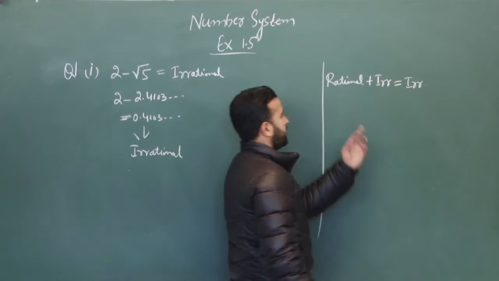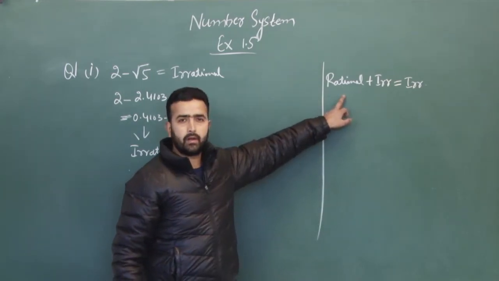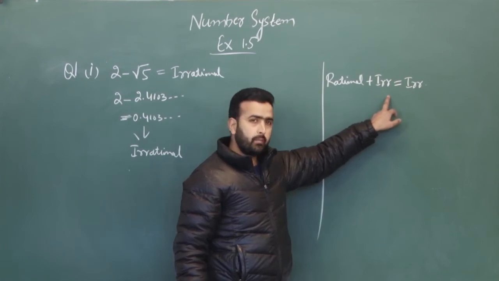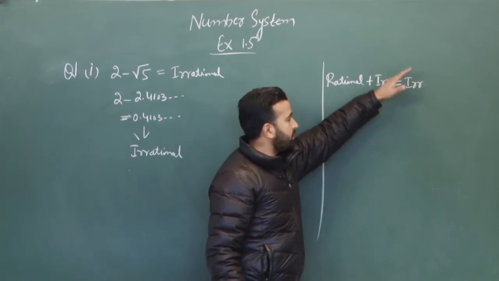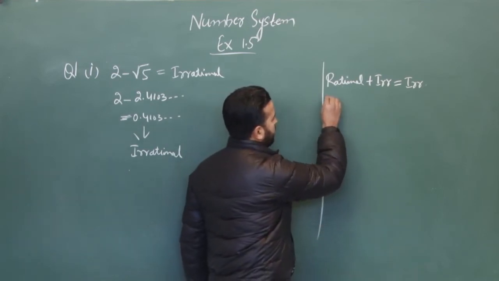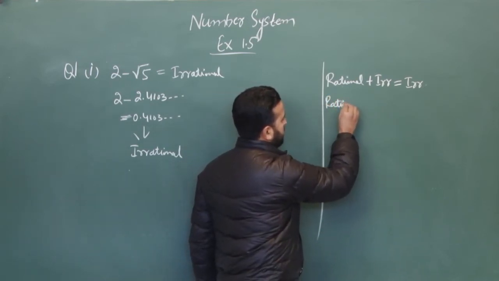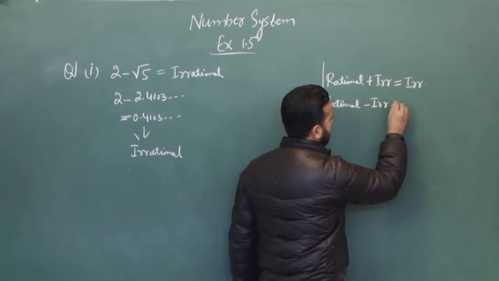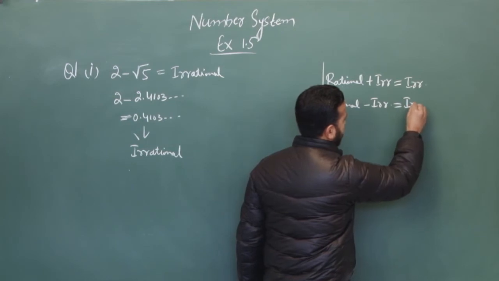If we add this number which has a terminating decimal expansion with the number which has a non-terminating, non-repeating decimal expansion, you will always find it will be an irrational number. Similarly, if we use the second operation, rational minus irrational number, this also will give us an irrational number.